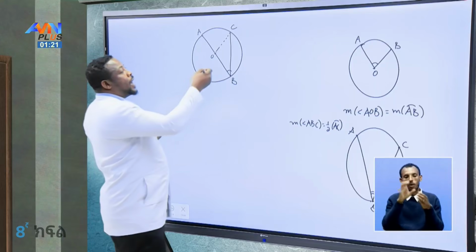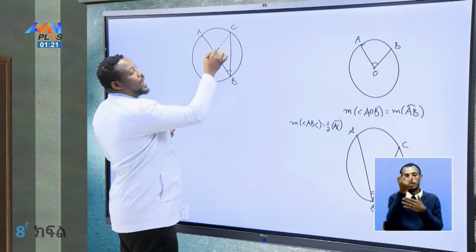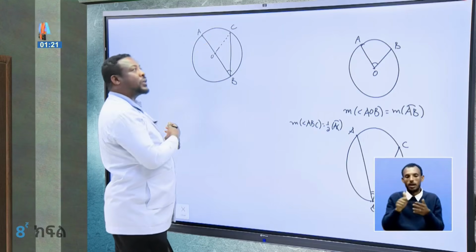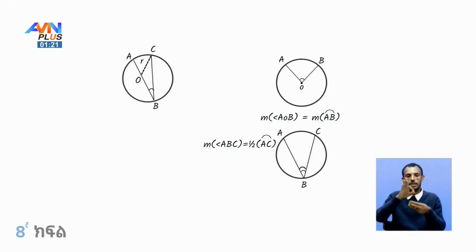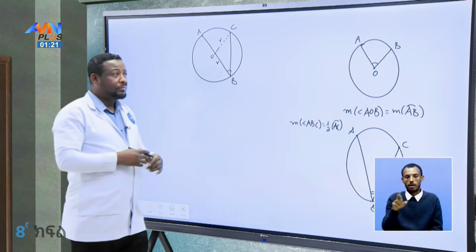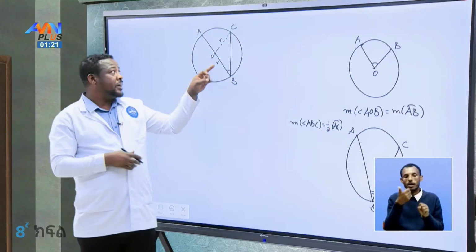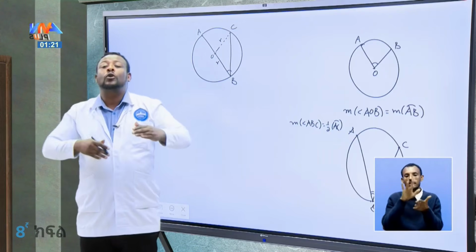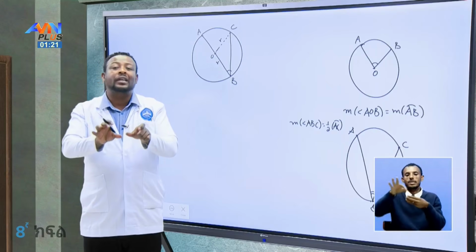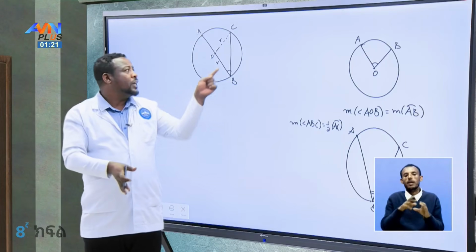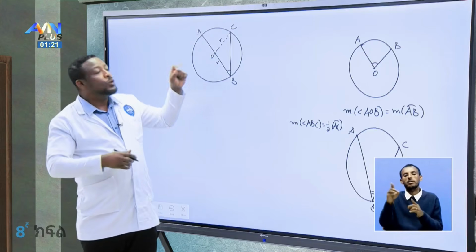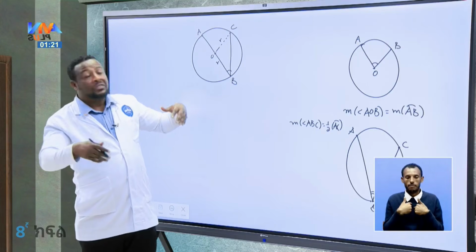So by constructing a line segment from the center to any point on the circle, this is r, right? By definition, the distance from the center to any point on the circle is the radius, and the radius is constant, right? You can construct in any direction. So you will have the radius.